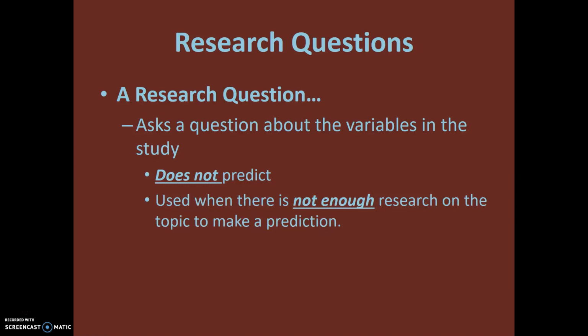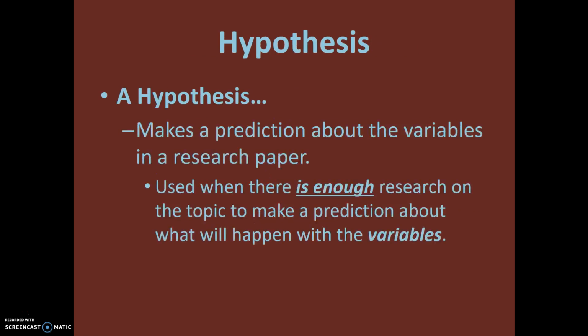However, sometimes we have enough information, or our literature review provides enough of an argument, where we can go further than asking a question. In that case, we're going to make a hypothesis. A hypothesis makes a prediction about the variables in a research paper. So you're going to end with a claim and say that based on what you already know, you're going to predict that this will happen, or this is the relationship between the variables in its different forms.